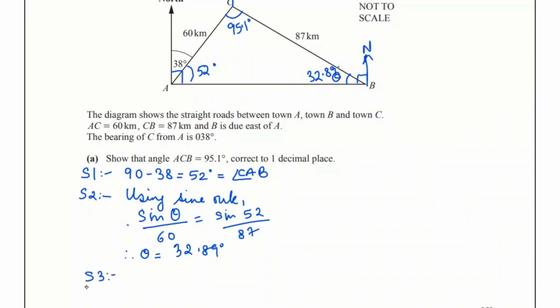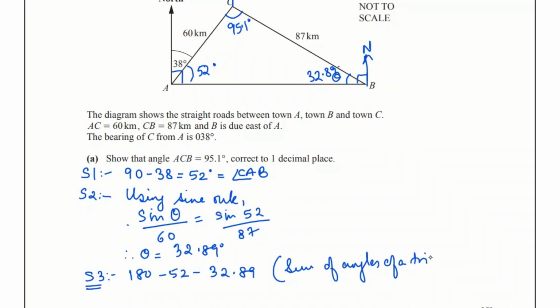Step 3, in the triangle, 180 minus 52 minus 32.89. What is it? Sum of angles of a triangle is 180 degrees.